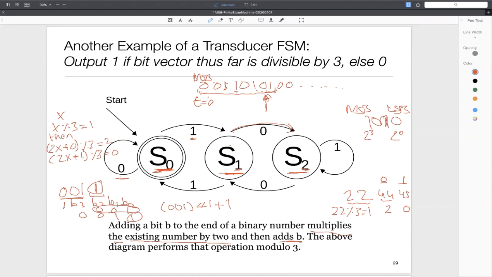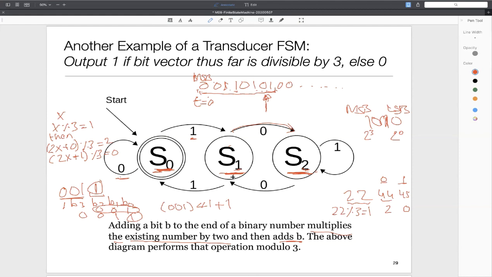And now if I'm getting a 0 bit, that means the modulo will be 1. And if I'm getting a 1 bit, that means the modulo will remain 2. So that is why, what you're seeing, if I'm in S2 and I get a 1 bit, I remain at remainder 2. And if I get a 0 bit, I move to remainder 1.